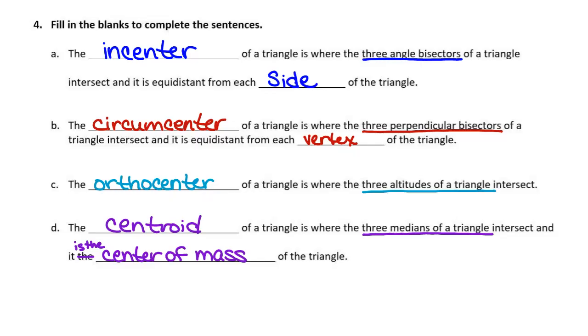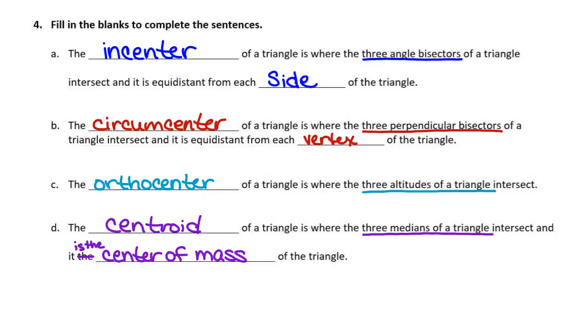Because tomorrow on the test, just like in your test review, sometimes there will be a problem that says point G is the incenter of the triangle. And knowing that it's the incenter means that I know that the segments that are forming that are angle bisectors. So then I can go mark my little angles as being congruent. I know it's equidistant from the sides, and I can start using those properties.